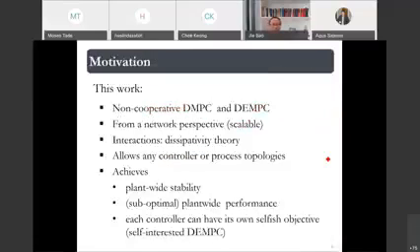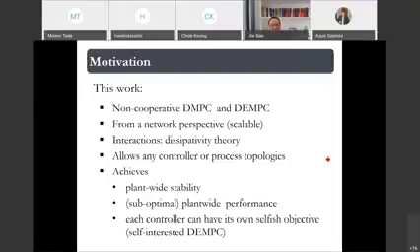Okay, so what I'm going to talk about is one of the approaches developed for distributed model predictive control, or distributed economic model predictive control, which is non-cooperative, and we look at the plant-wide process from a network perspective. So we see that as a network, and we study the interactions using dissipativity theory.